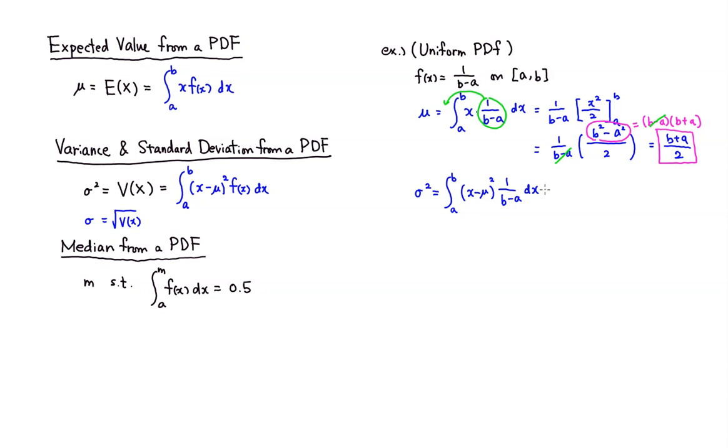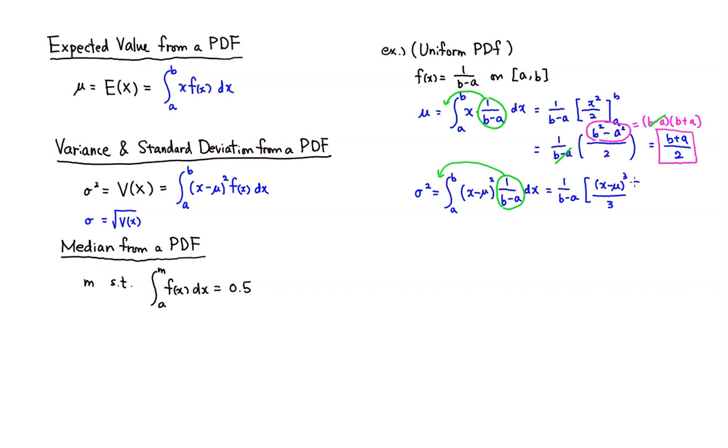All right, so let's see, we have a constant here. So as always, we're going to kick this guy out. So we're going to have 1 over b minus a sitting outside. All right, antiderivative of (x minus mu) squared with respect to x would be (x minus mu) cubed over 3, right?